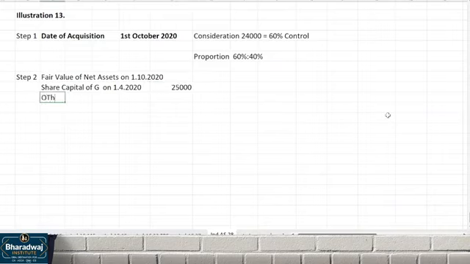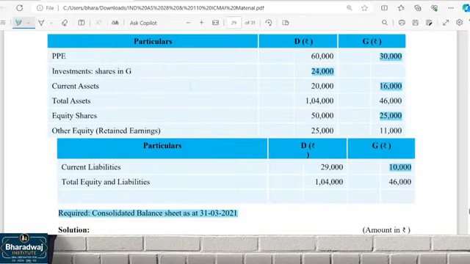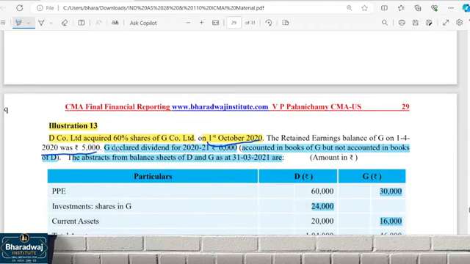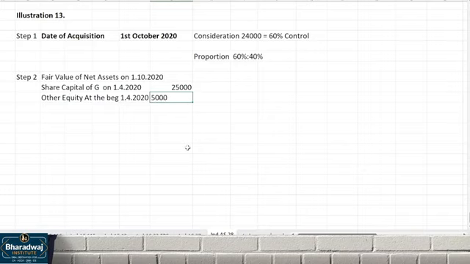Then other equity, which means reserves and surplus, at the beginning of the year for G. Retained earnings at the beginning of the year was 5,000. We would add net profit up to 1/10/2020.